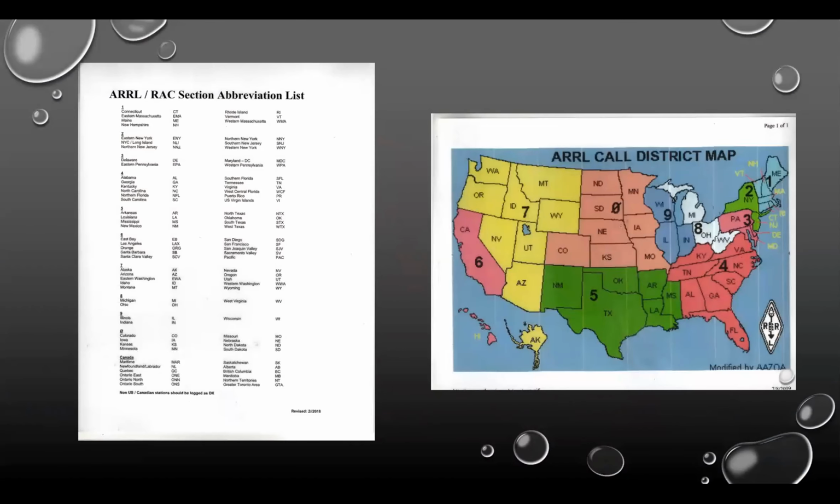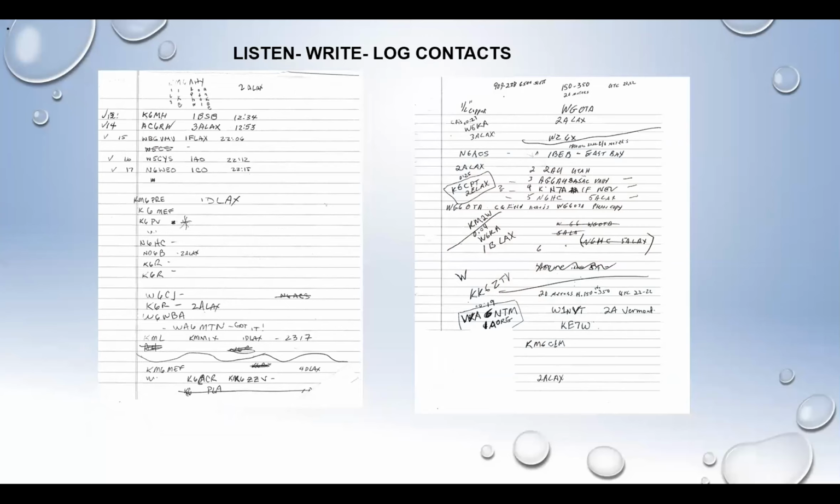And here's your sections and your section map, so you kind of know. And then this is what Mark was talking about, the scratch paper. See how we just write whatever down when we're listening to the calls come in, because you never know whether or not you're going to finish that call.